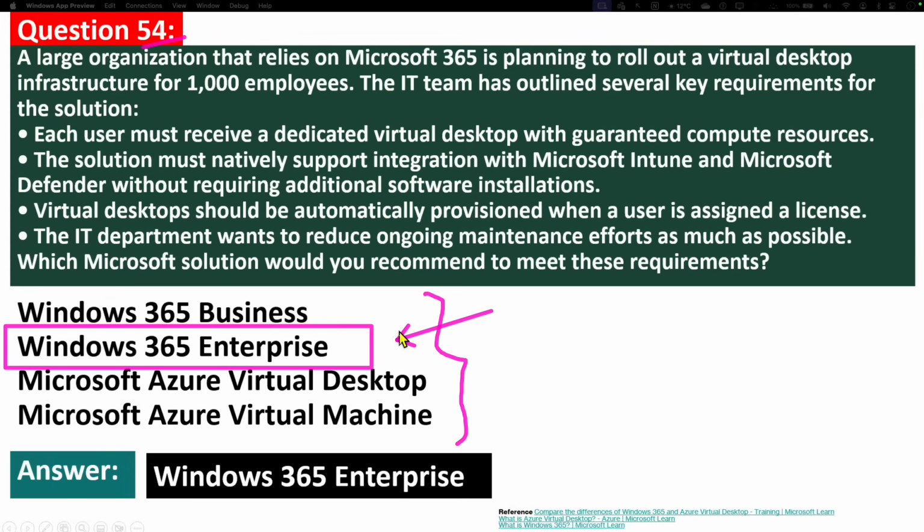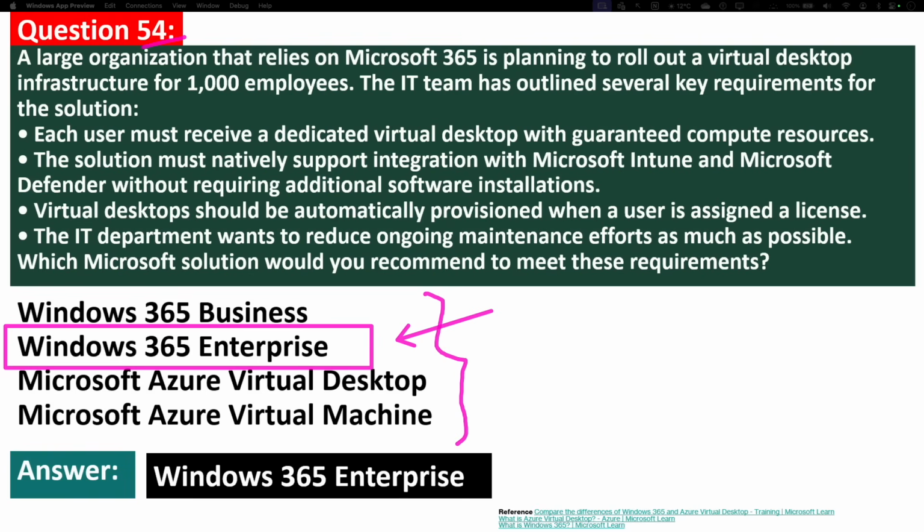So let's understand what this Windows 365 Enterprise is. It is a cloud-based service from Microsoft that allows organizations to stream a full Windows desktop experience to any device. Think of it as a virtual PC that lives in the cloud, which employees can access securely from anywhere using any device with an internet connection.